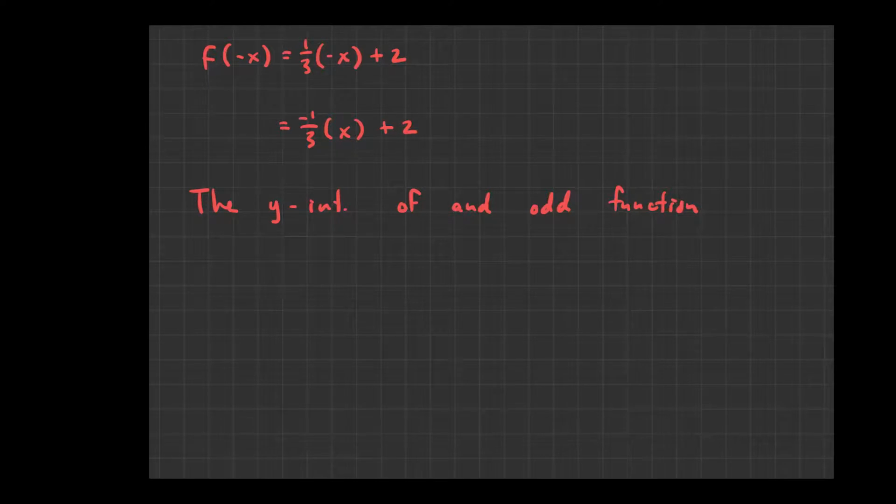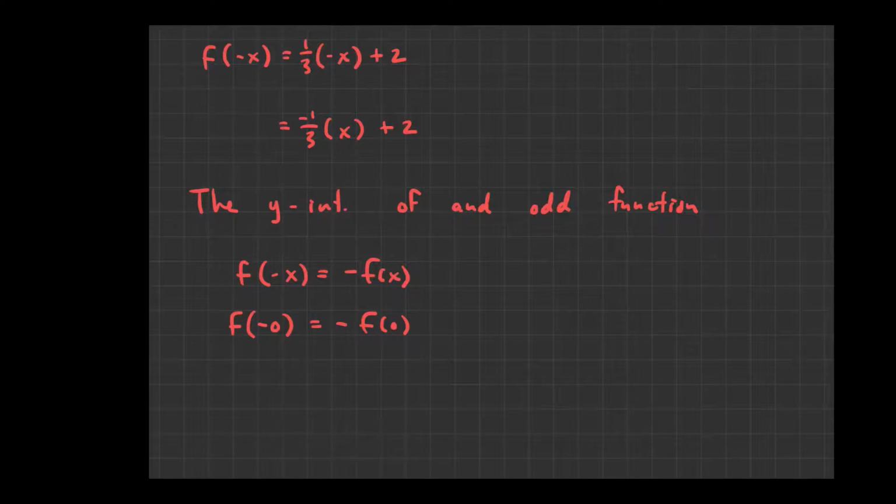The requirement of an odd function is that f of negative x is equal to negative f of x. Well, the y-intercept occurs when x is equal to 0, so let's see what happens when x is equal to 0. We should have that f of negative 0 is equal to negative f of 0.